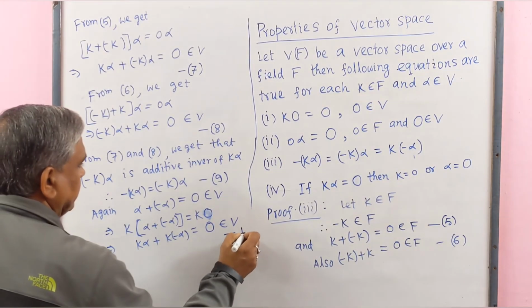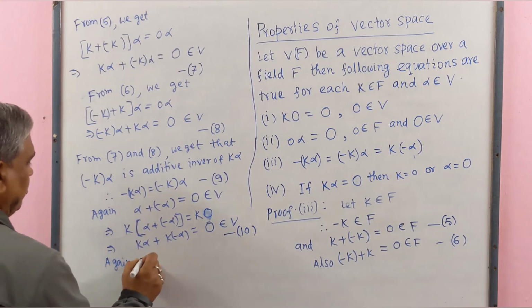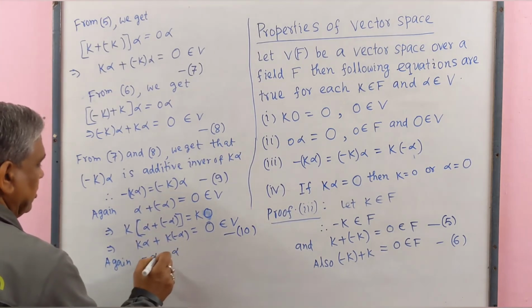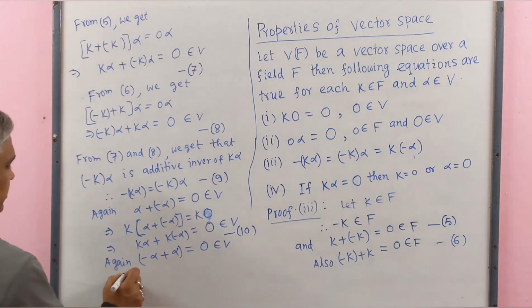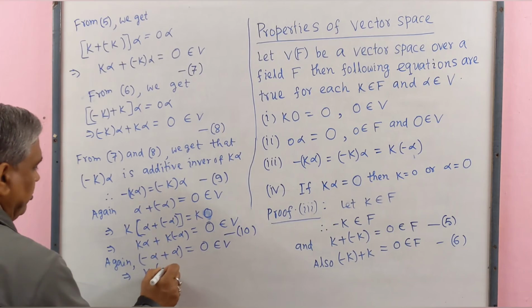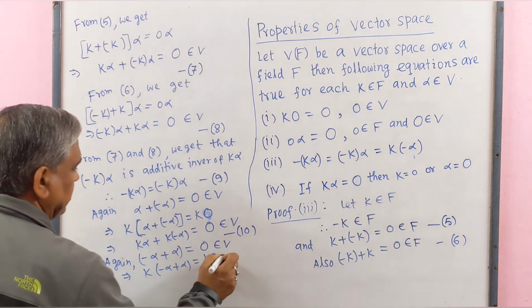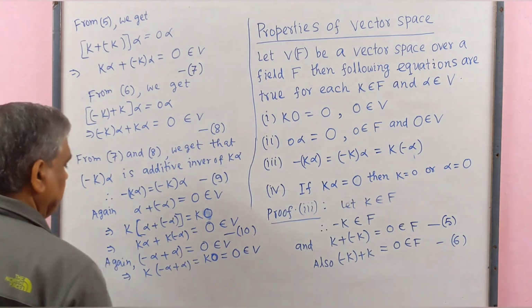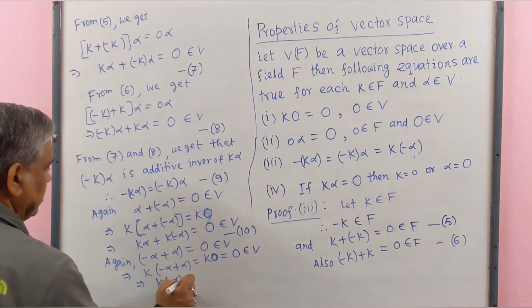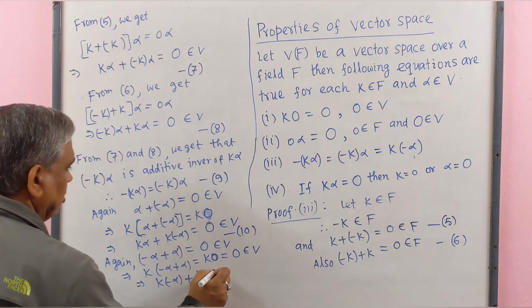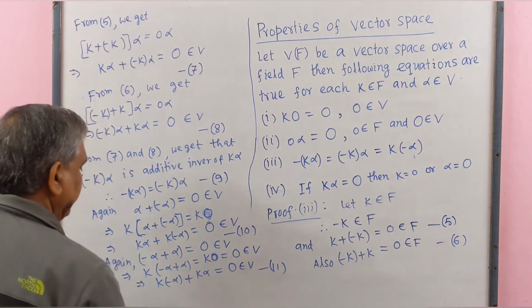This is number 10. Again, minus alpha plus alpha equals 0 vector, which implies that k (minus alpha plus alpha) equals k0, which is 0 vector, implies that k (minus alpha) plus k alpha equals 0 vector. This is number 11.